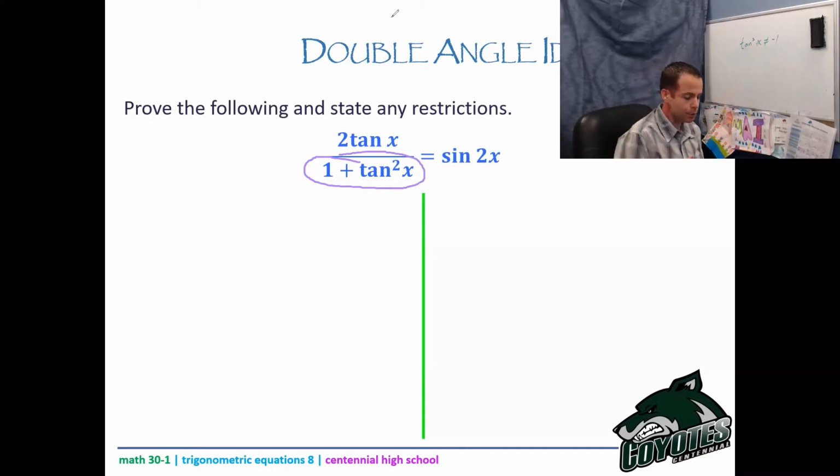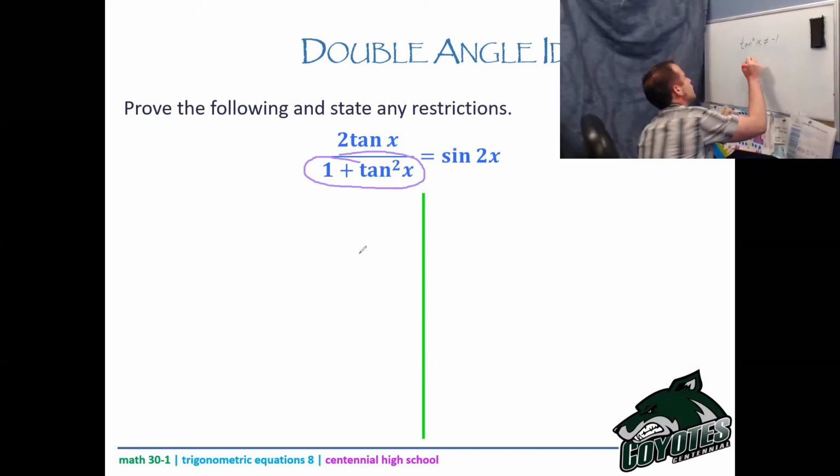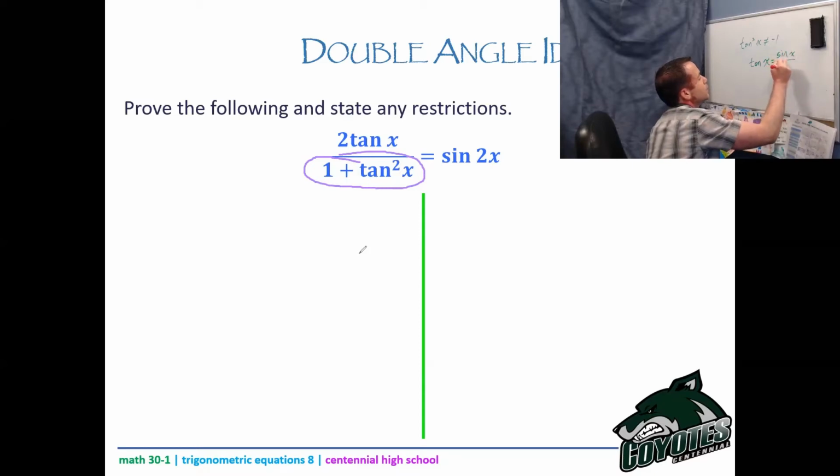But I do see a tan on the top and on the bottom. Remember that tan of x is sine of x over cos of x. So we know that cos of x can't be 0.